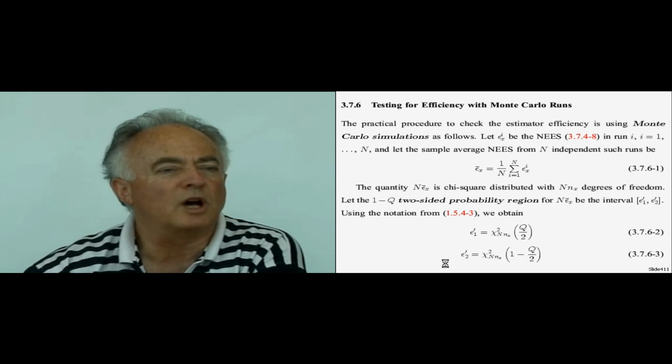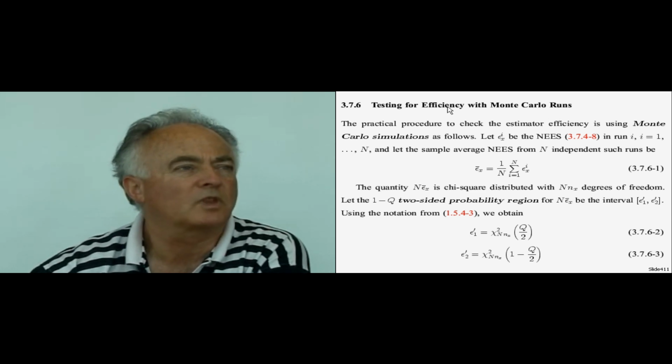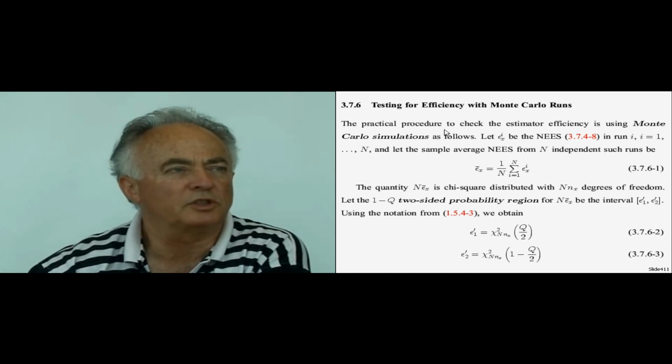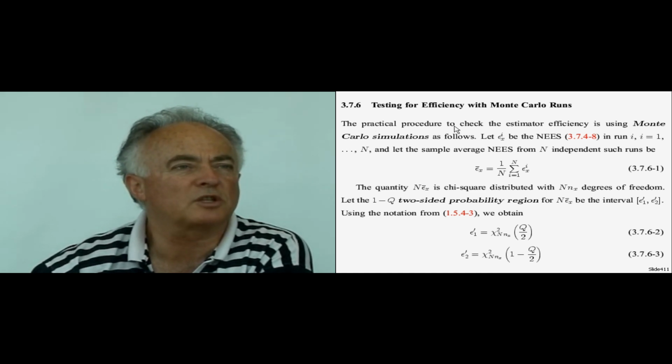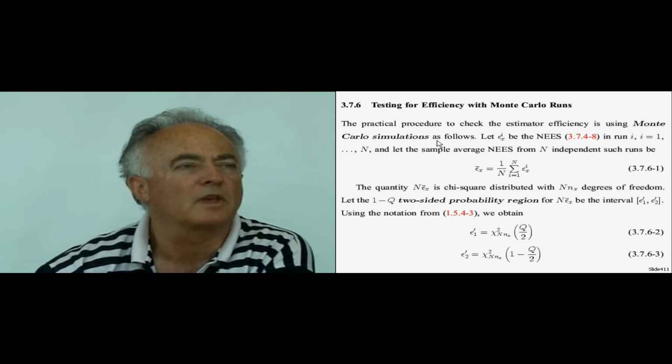We will show now how we evaluate from Monte Carlo runs whether our estimator is efficient. So, the practical procedure, which we'll illustrate very soon, to check the estimator efficiency is using Monte Carlo simulations.